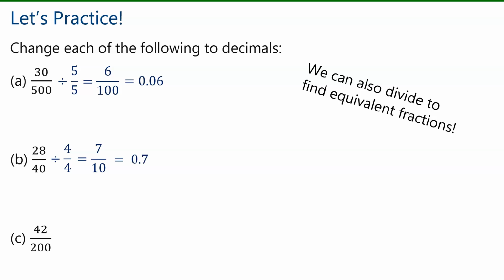And that can be written like this. Now 42 over 200 can be just divided by 2 to get a denominator of 100. So when I divide by 2, I get 21 over 100, which is 0.21 written as a decimal.